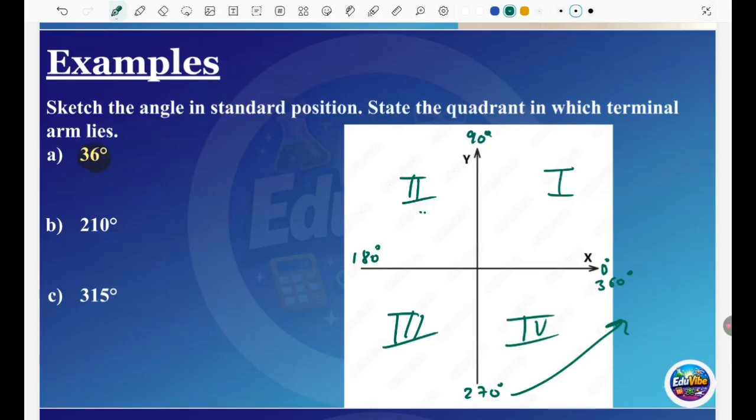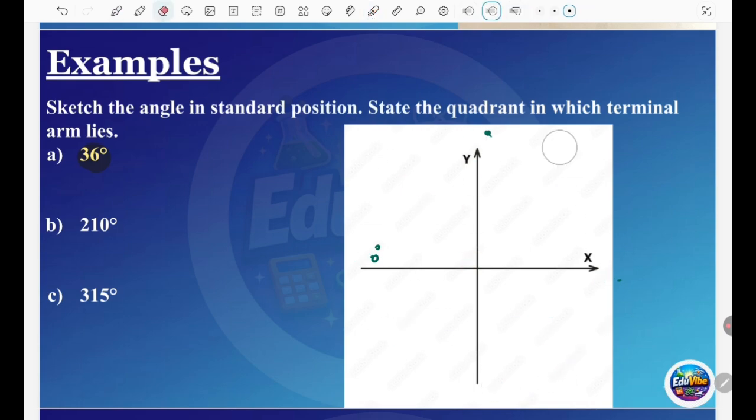So 36 degrees is in the first quadrant. Here we have our initial arm, and it goes 36 degrees, just till here. We make this rotation arrow, and the angle stays 36 degrees because it's in the first quadrant.